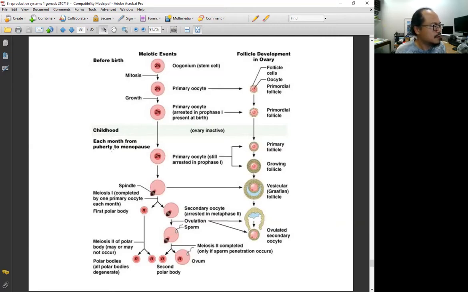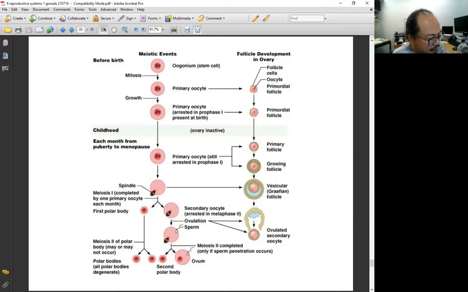Each month from the age of puberty, FSH will stimulate the follicle to develop. It's called folliculogenesis. And right before the ovulation, these primary oocytes will complete their first meiosis to form these secondary oocytes, and these secondary oocytes will get ovulated into the fallopian tube and wait for a sperm.